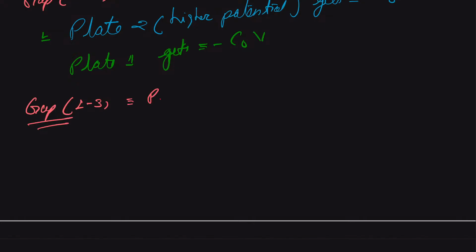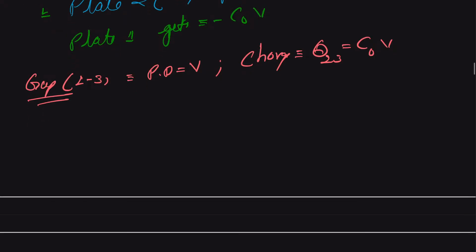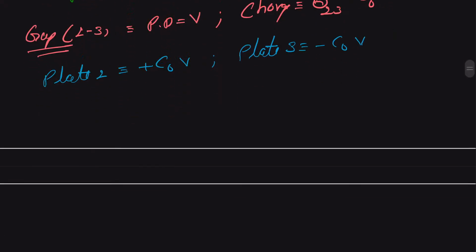Once again, the potential difference between the two is our V, and our charge is, let us suppose, Q23, which will be equal to our C0 times V. Similarly, we can write that our plate 2 is going to get plus C0 times V, and plate 3 is going to get minus C0 times V. Now we come to our third gap, that is gap between 3 and 4.